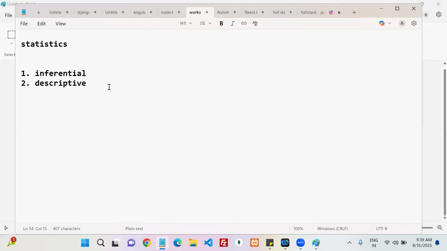First of all, statistics deals with what? Data only, right? If you want to deal with data, first you have to collect the data, and then you have to analyze it.